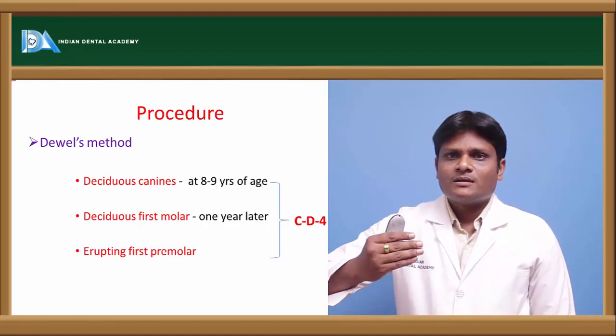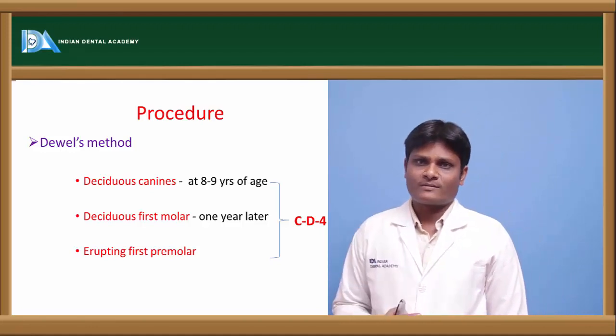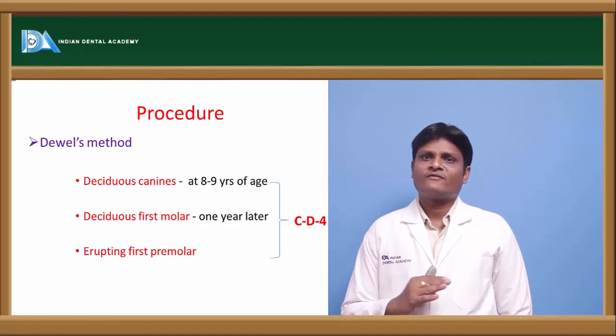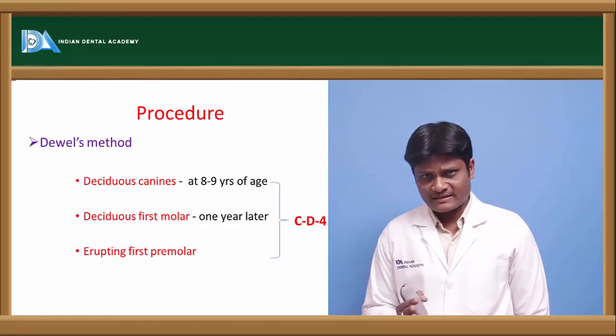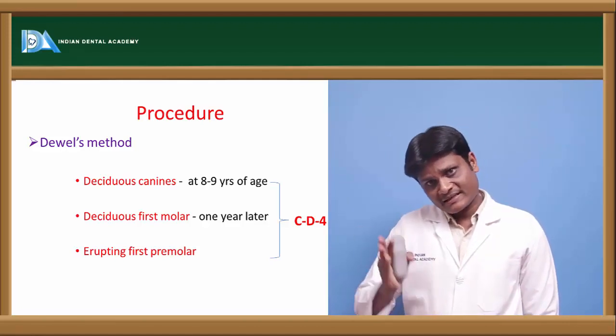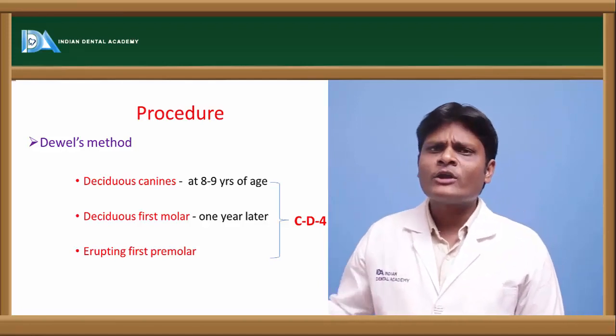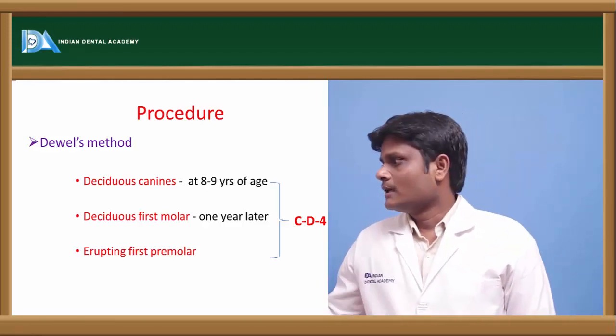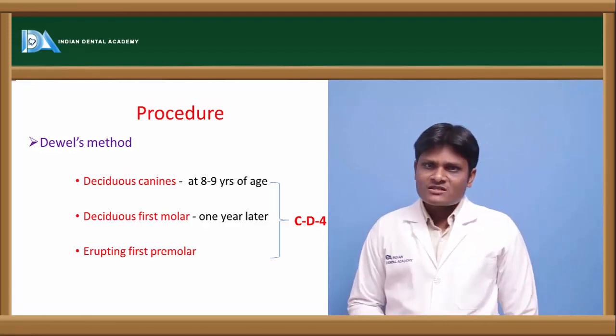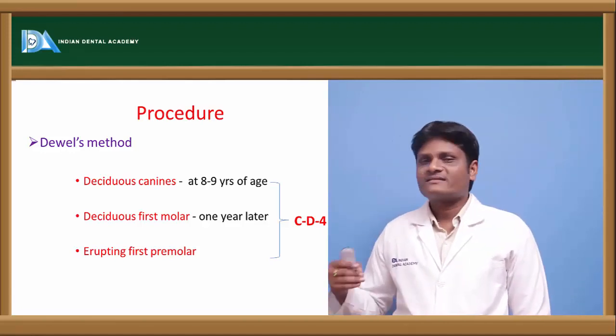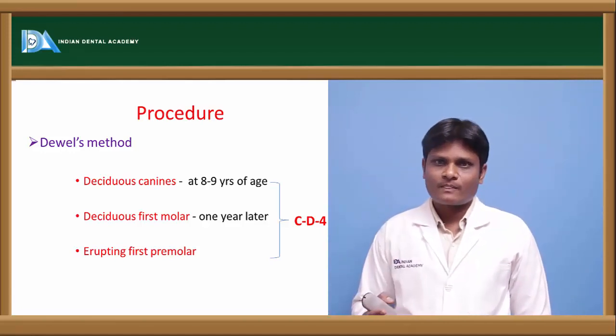Now, coming to the serial extraction procedure proper, different authors have proposed different methods of serial extraction, yet the basic rationale is the same that I have explained to you before. According to Dewey's method, at around 8 to 9 years of age, we will extract the deciduous canines.